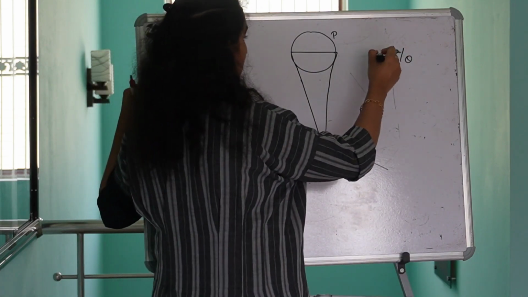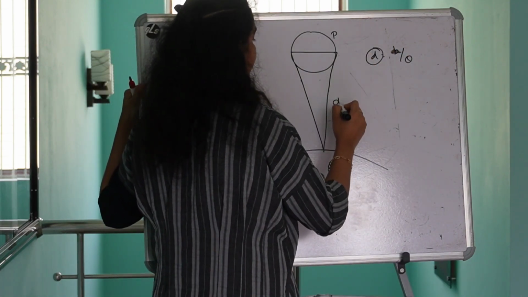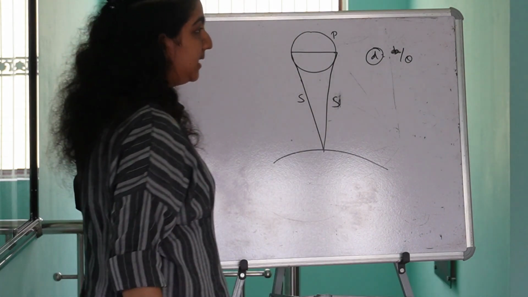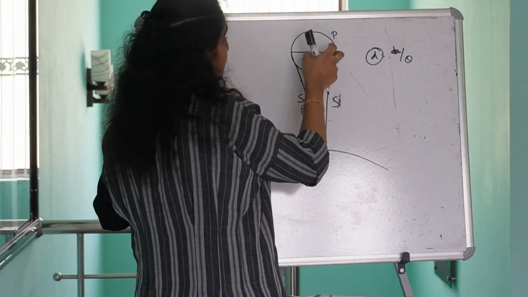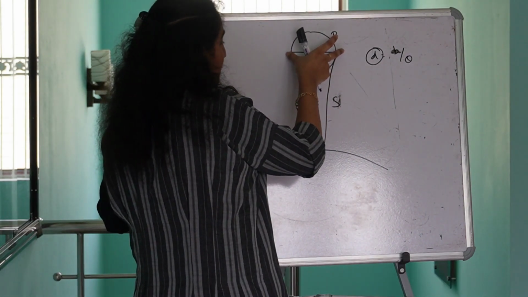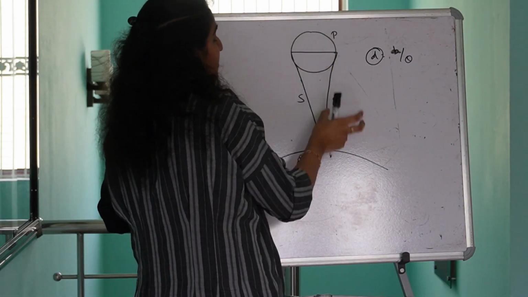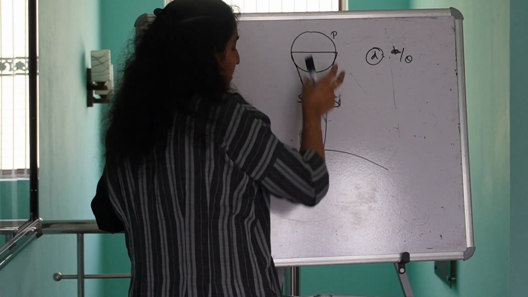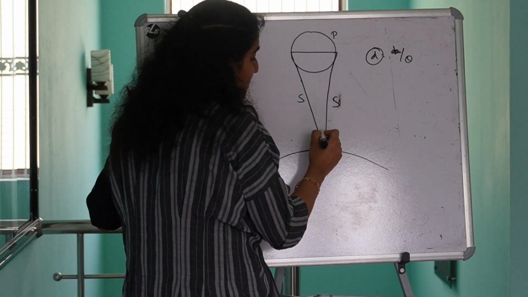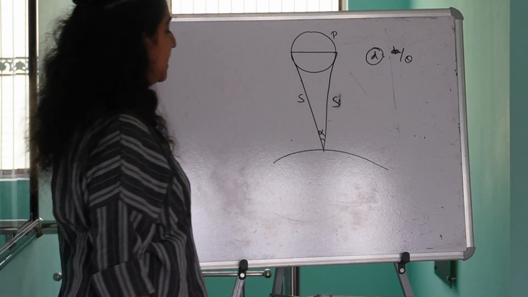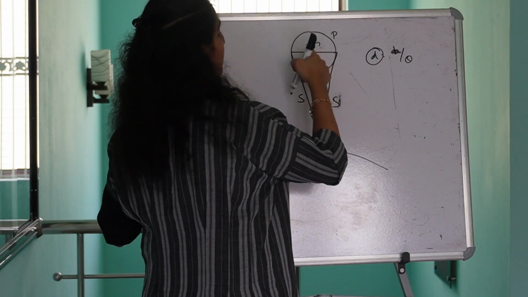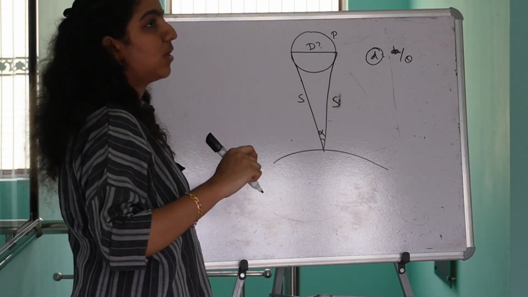Once I got the value of D, and the angle subtended by the diameter of the planet on the Earth's surface, let it be alpha, I have to find the value of the diameter of the planet.